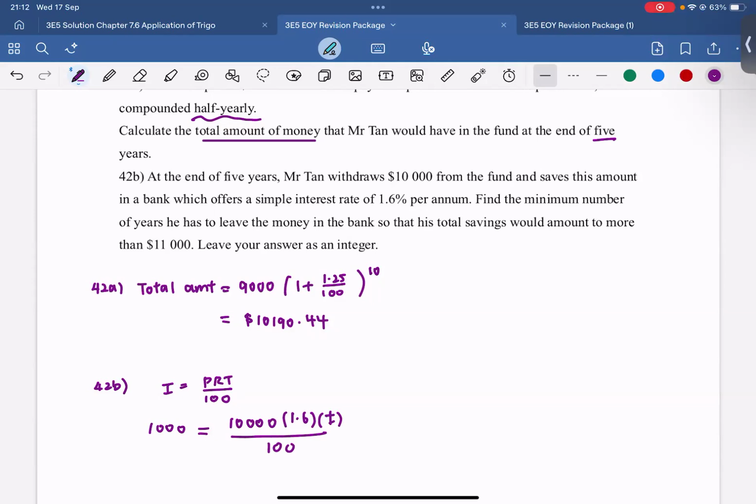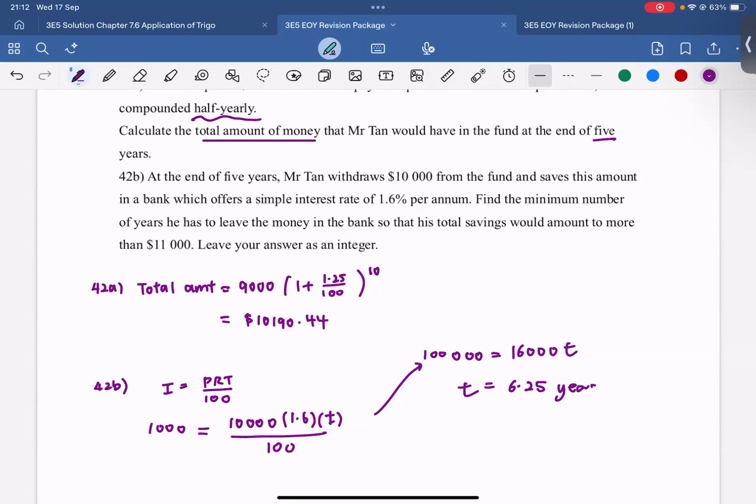You cross multiply. 1,000 times 100 equals 100,000, then divide by 1.6 to get T. T equals 6.25.